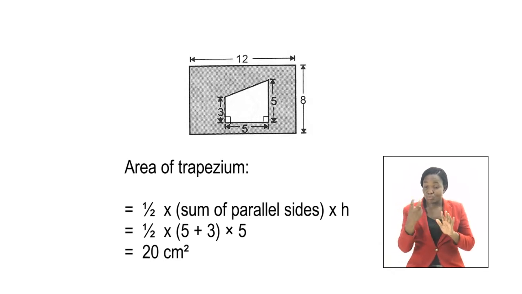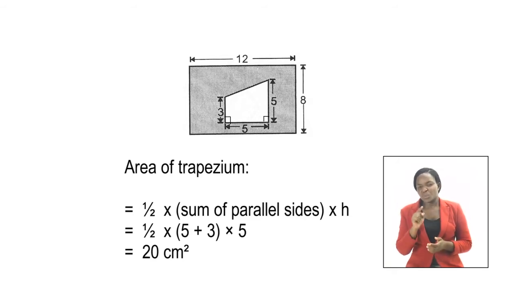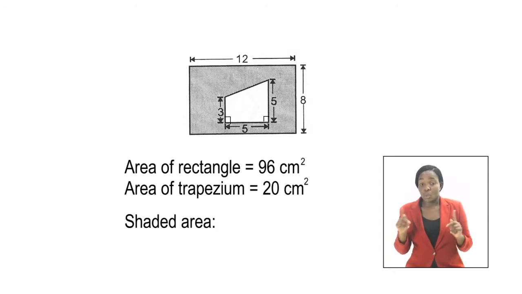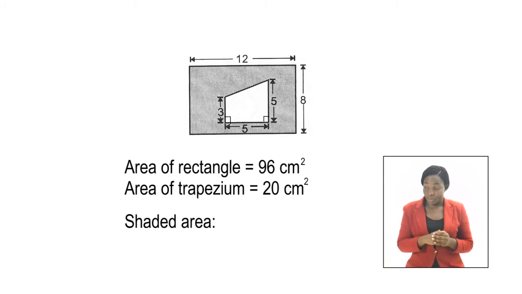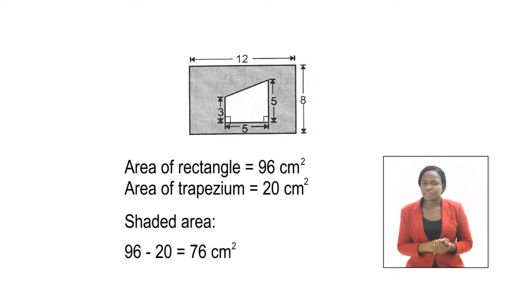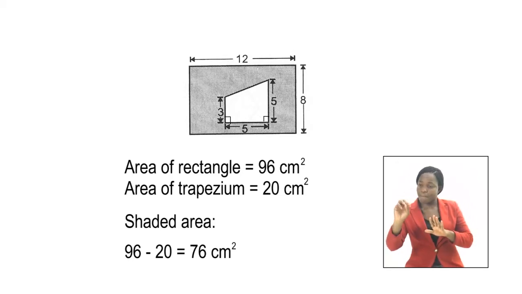The answer is 20 centimeters squared. Right. So we are 2/3 of the way there. Now, to find the area of the shaded part, we subtract, as you said earlier. So it's 96 minus 20, and the answer is 76 centimeters squared.